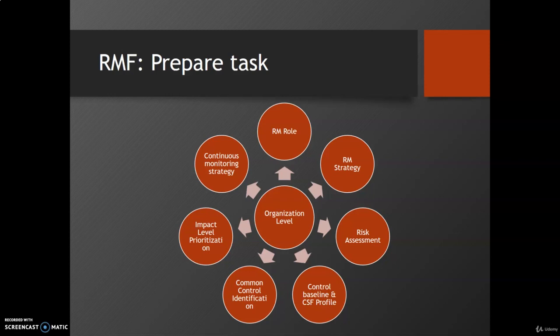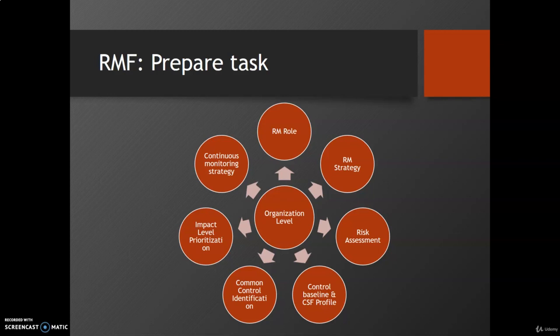Now our fifth step is common control identification. So what is this? Identify, document, and publish organization-wide common controls that are available for inheritance by the organization's systems. Now let's understand what we mean by common controls. Common controls are controls that can be inherited by one or more information systems.